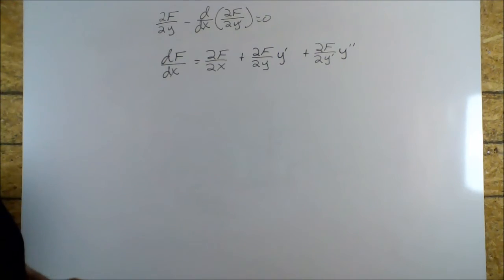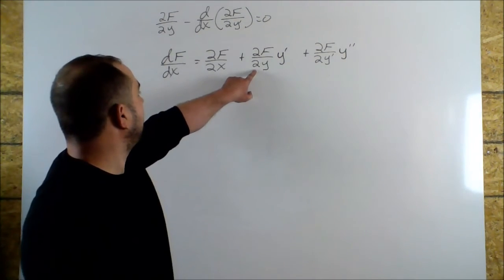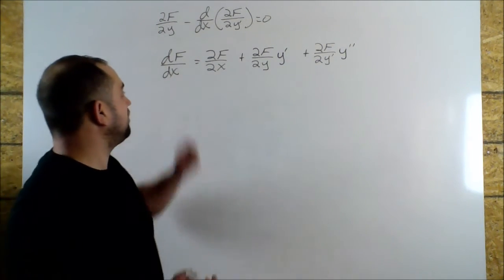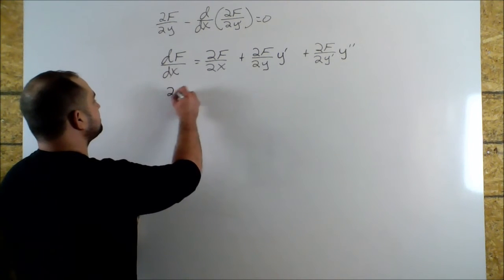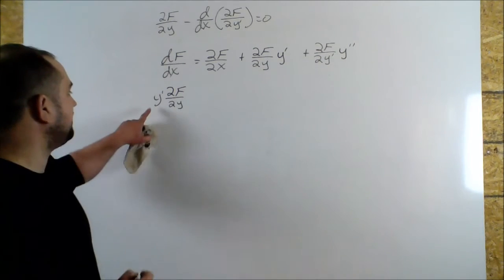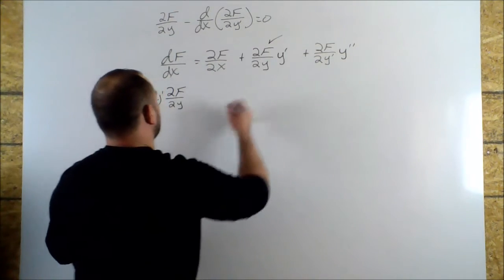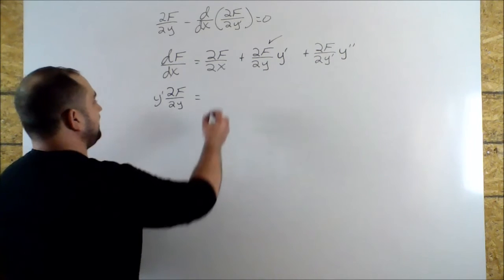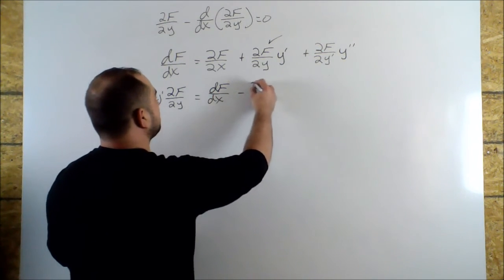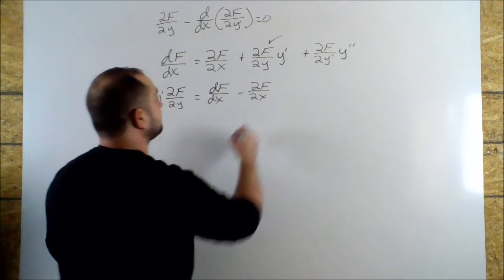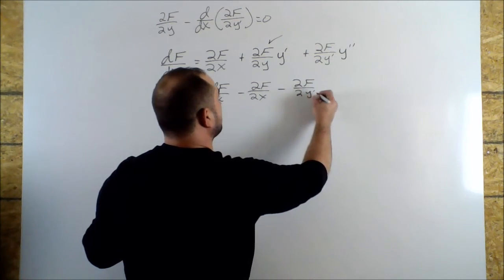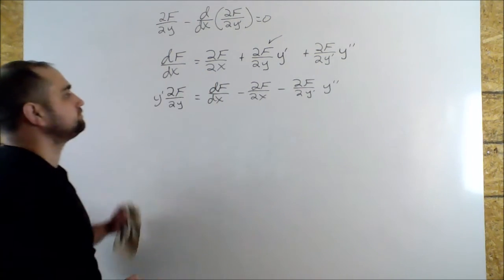Now let's solve for this term here. We're going to get partial f over partial y. Now let's put the y prime out here. So that's this term, and that's going to be equal to df over dx minus partial f over partial x minus partial f over partial y prime, y double prime.